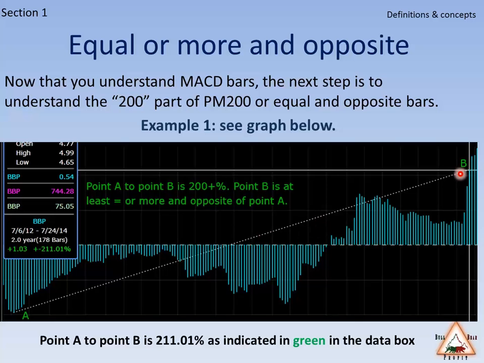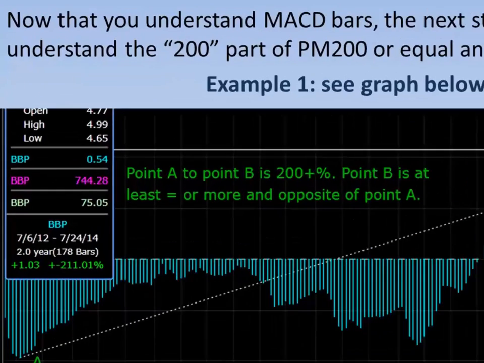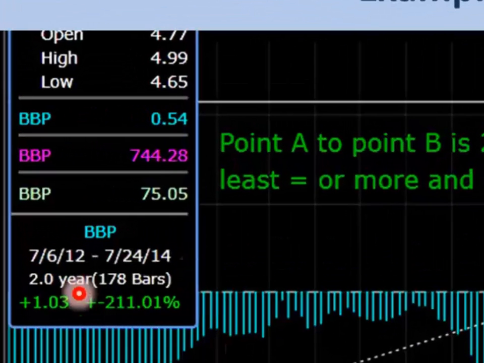Only when the movement gets to at least 200% does it become eligible to look at as far as extreme momentum. Here, point A to point B is 211.01%, as indicated in green in the data box right here.